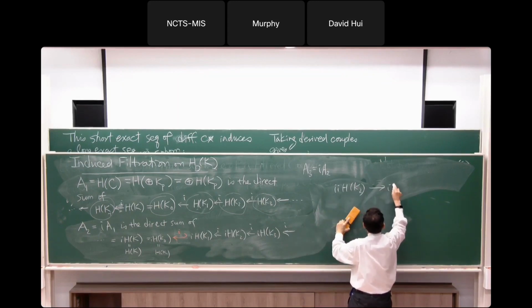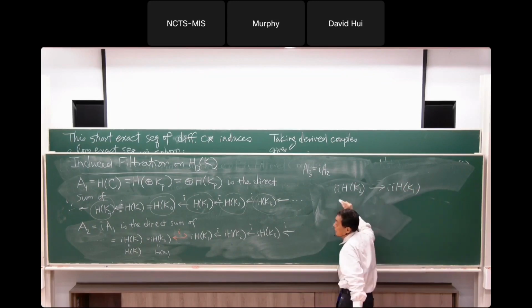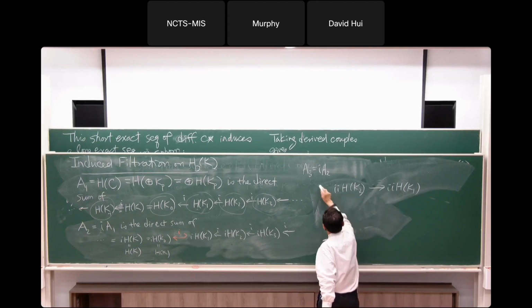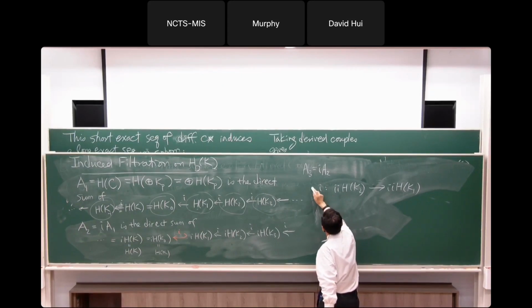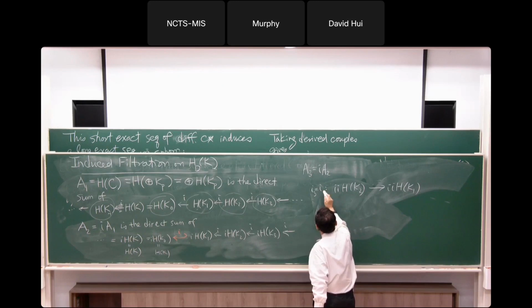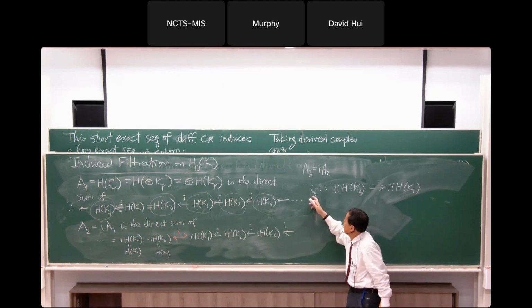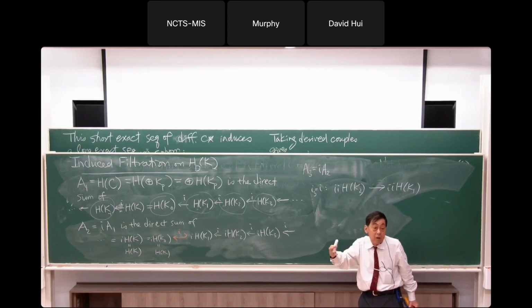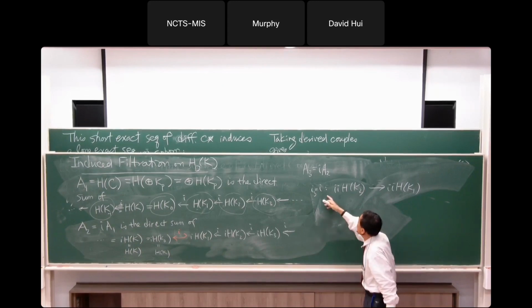That is going to map to I I H K1. And the new map is still called I, because we showed last time that all the IRs are actually just I restricted to a smaller group.